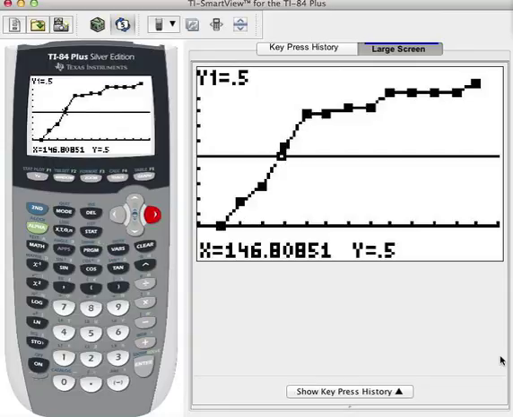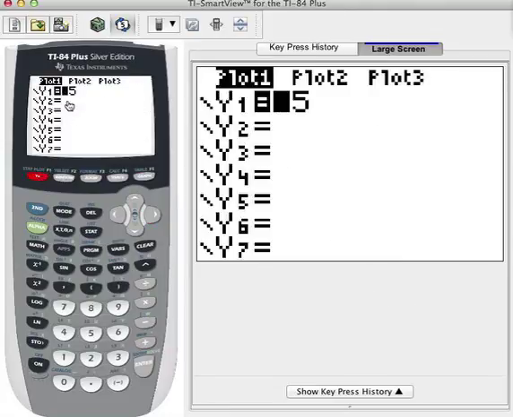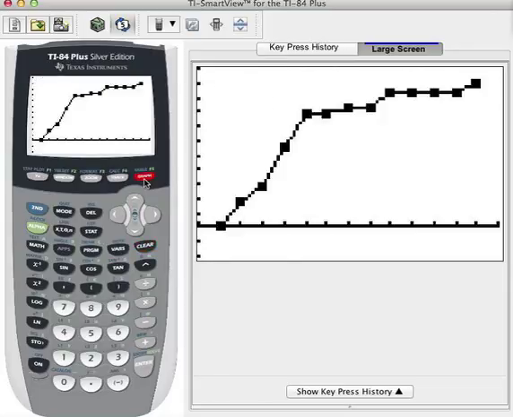So bottom line, if you don't like that horizontal line there, the last thing in the instructions to get rid of that: press the Y equals button, and with this value highlighted right here, press the clear button, which clears that equation from Y1. If you press the graph button, now you've got your ogive again without the horizontal line.